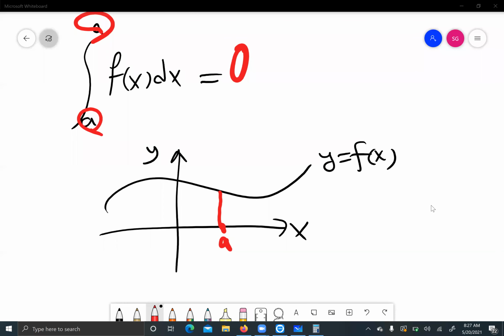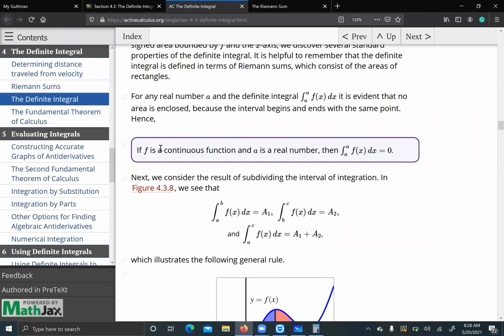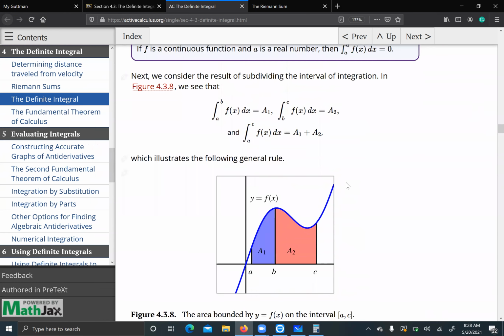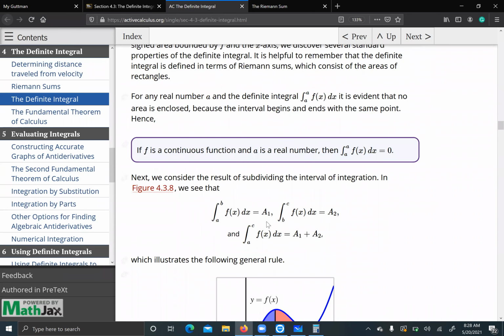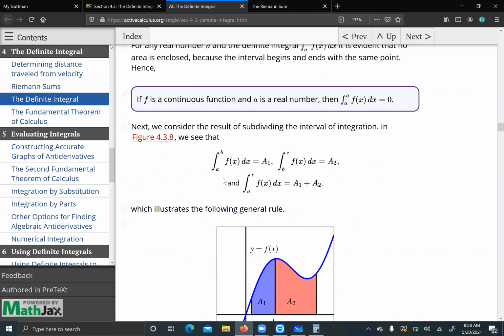Okay, so the first property is that if f is a continuous function and a is a real number, then this definite integral from a to a, which means any point to itself, is 0.